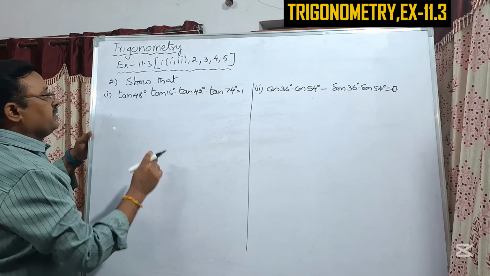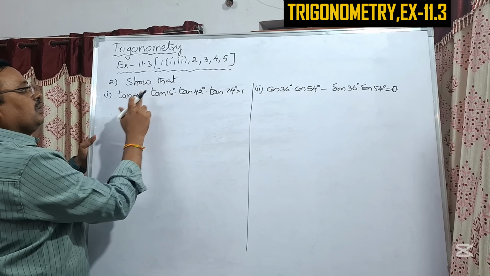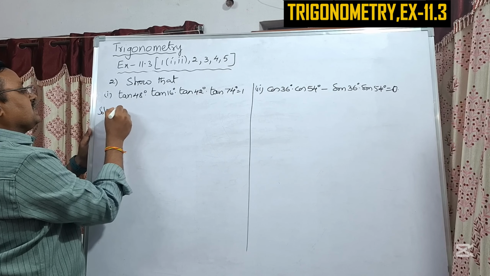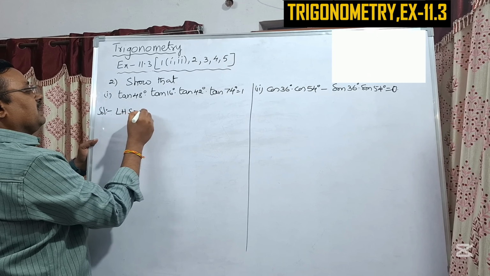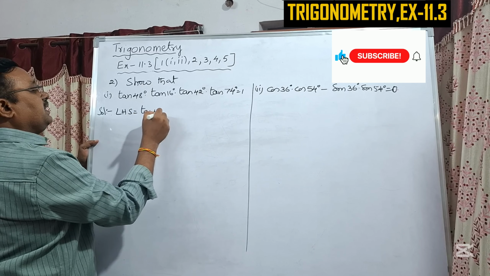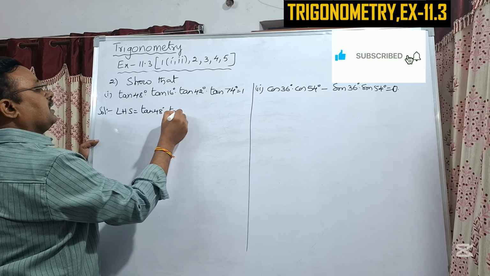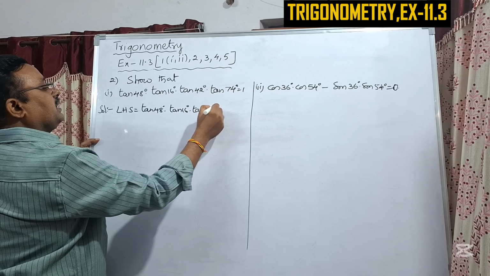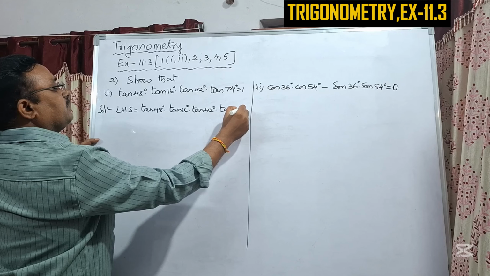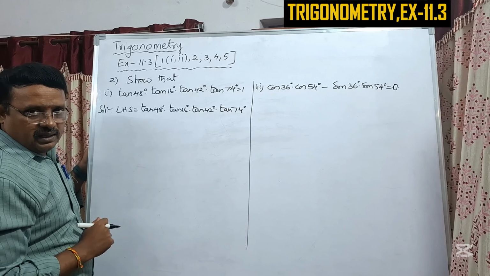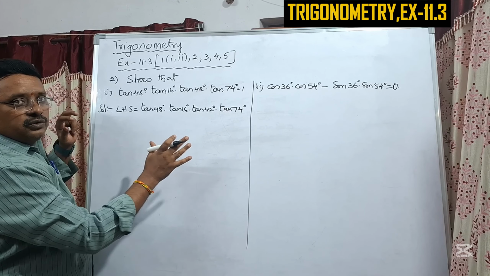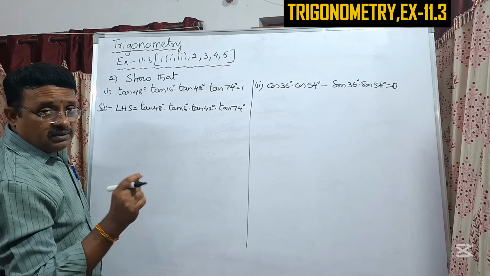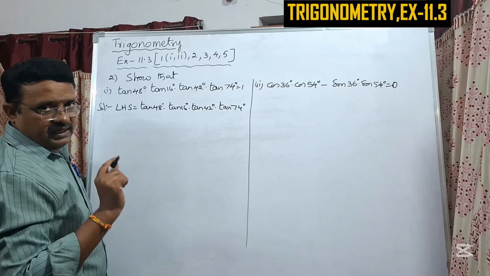How to solve them? Since they are asking to show this value equal to 1, under solution you take LHS. LHS is equal to tan 48 degrees into tan 16 degrees into tan 42 degrees into tan 74 degrees. In this, to make it equal to 1, observe the interrelation between the angles.